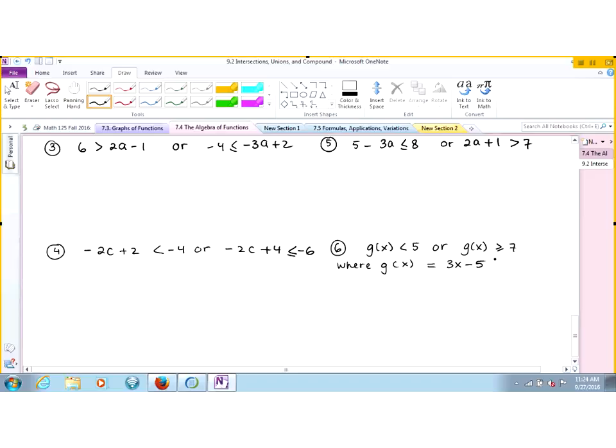So let's do the 4 problems, and then I think we're done with this section. So sometimes they use function notation also. Okay, let me look at that.